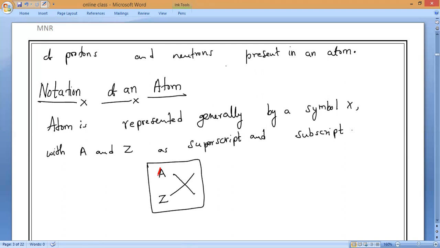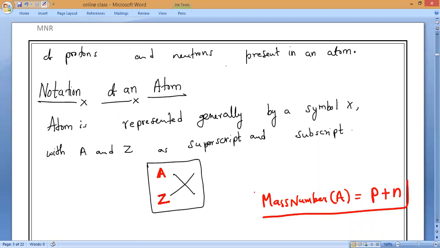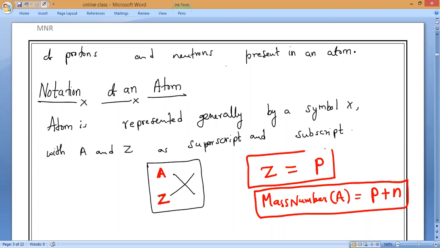Mass number is the sum of two things: number of protons plus number of neutrons. The atomic number is only the number of protons. That is what you have to remember.